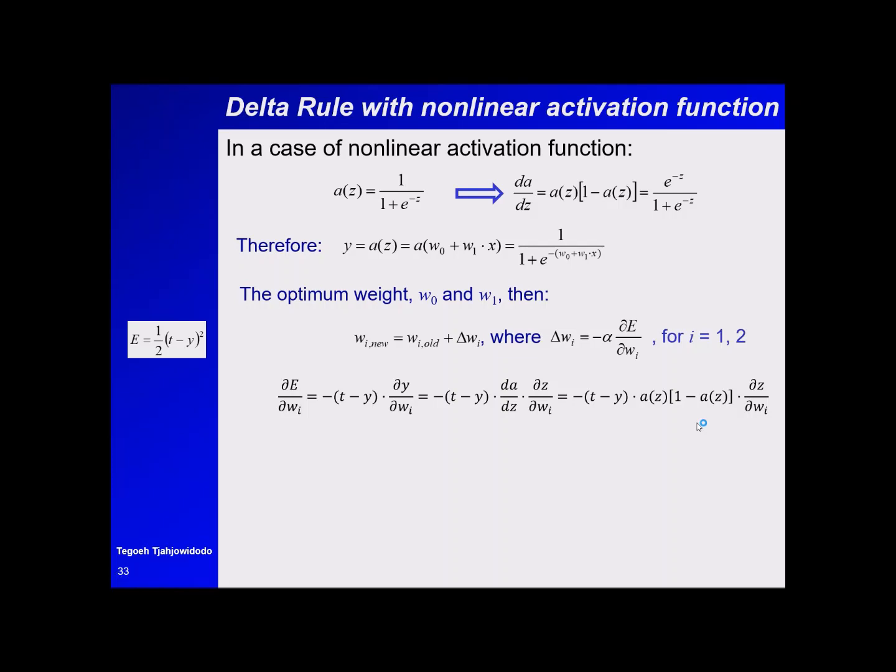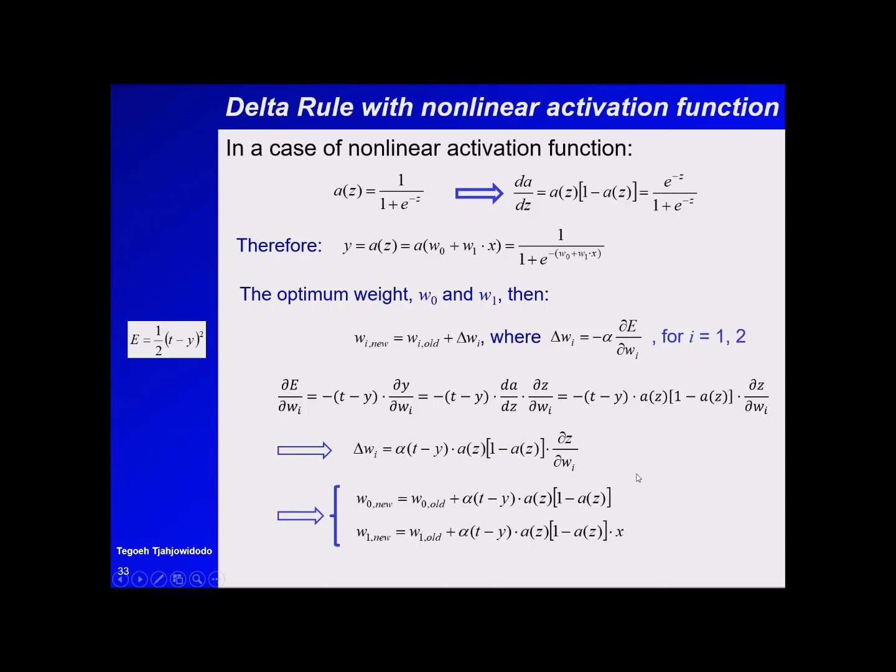Okay, this looks a bit more complicated when compared to the Adaline and perceptron rules. It's because we consider the nonlinear function in here. And then next, therefore, the updating factor of w will be just simply negative alpha times this one, which will be equal to alpha, the learning rate, times all of these terms.